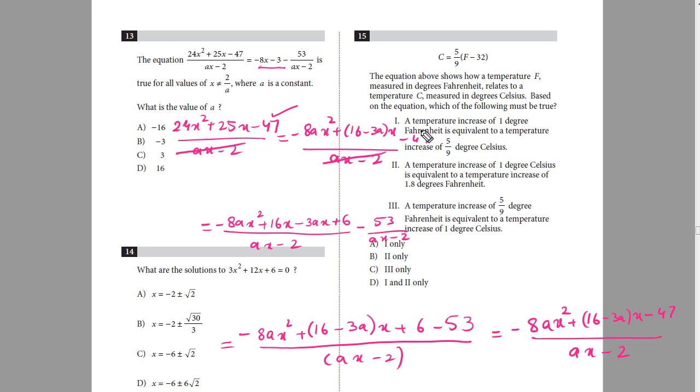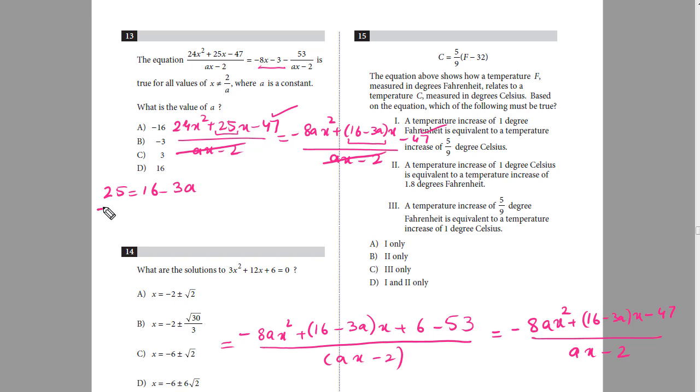Now this negative 47 is negative 47, and the coefficient of x is 16 minus 3a, and over here the coefficient of x is 25, so we can say that 25 is equal to 16 minus 3a. From here I'll find out the value of a.